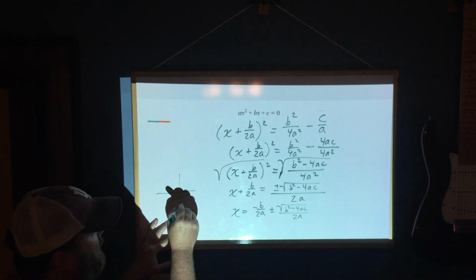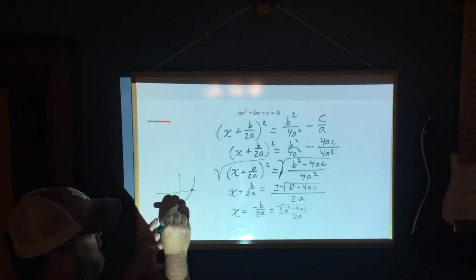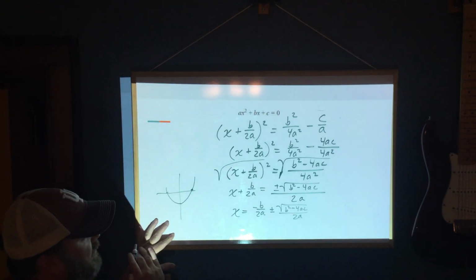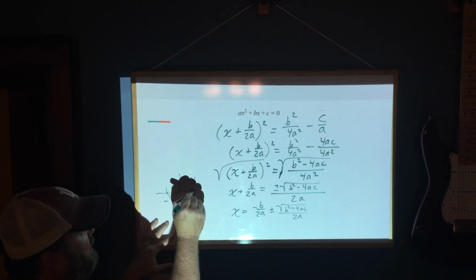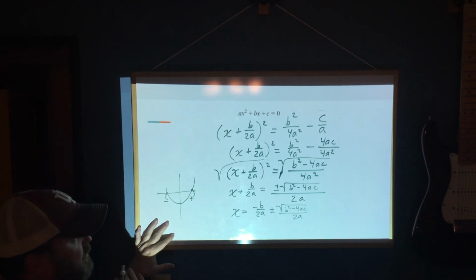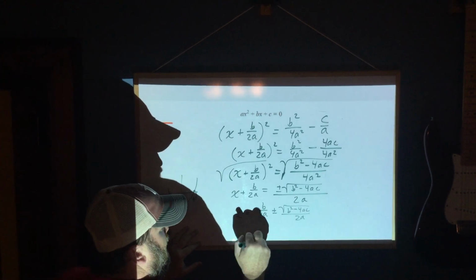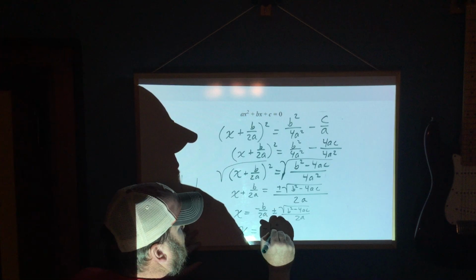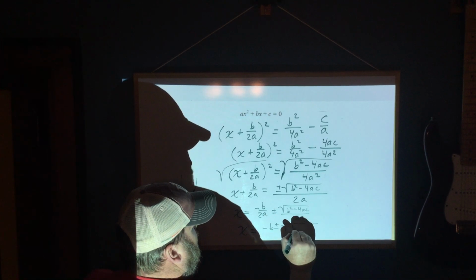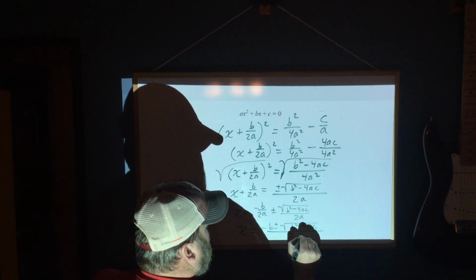So here's your axis of symmetry. This is plus the square root of b squared minus 4ac over 2a, and then start here, and this will be minus the square root of b squared minus 4ac over 2a. That's the plus side, that's the minus side, to get you to one solution and the other solution. These are both over 2a, so we can combine it as one, and we get negative b plus or minus the square root of b squared minus 4ac all over 2a.